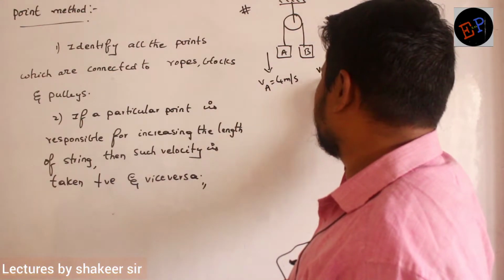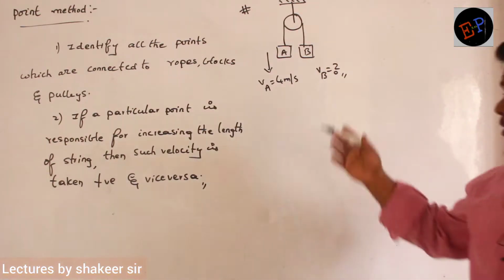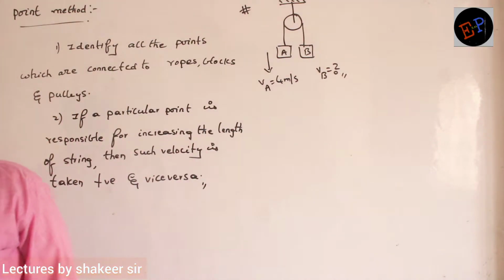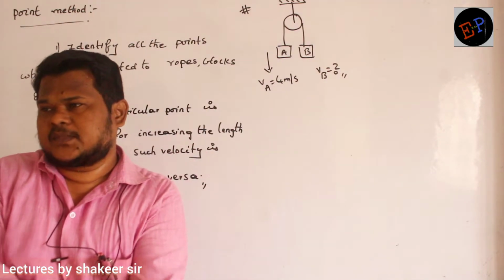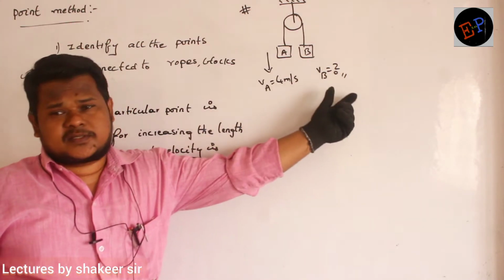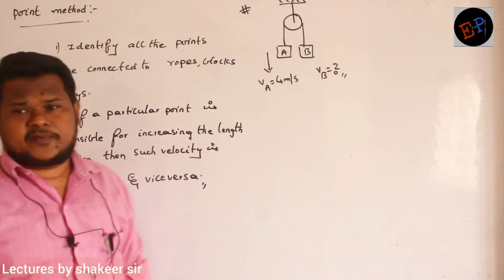I want to calculate velocity of block B. Velocity of block A is given as 4 meter per second. Then what will be the velocity of block B? Minus 4. So if you take this velocity to be positive, this velocity will be negative because it will move in the upwards direction. That already we know.